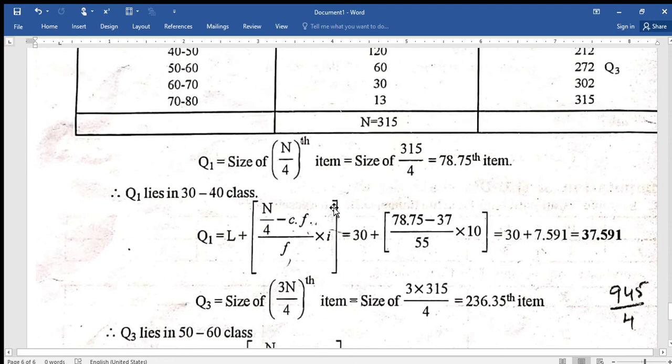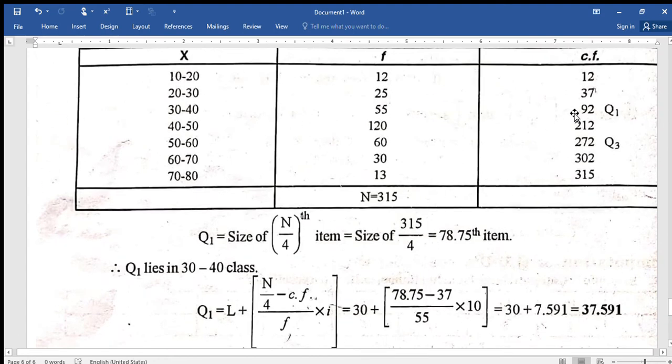Here we know the value of n by 4. Then in this case the lower limit is 30. The n by 4th item is 78.75. Cf, the cumulative frequency of the preceding class, that is the class preceding the quartile class.